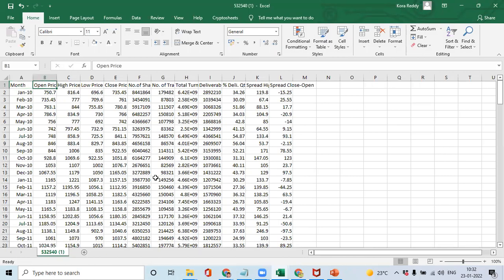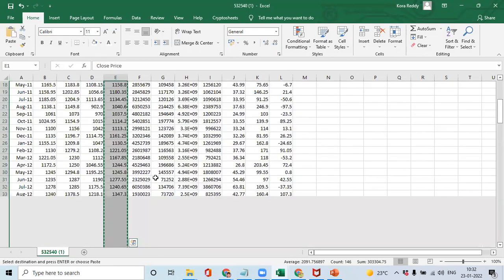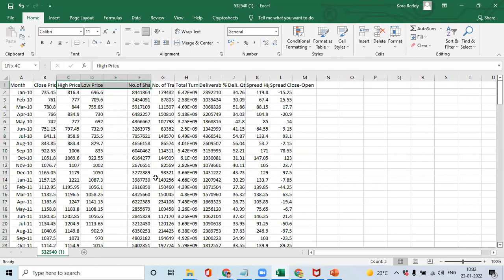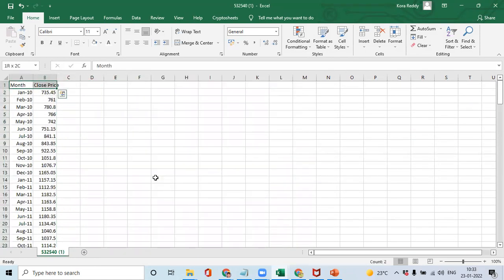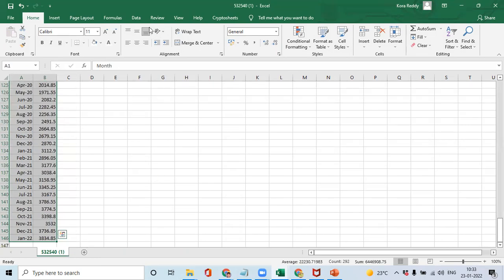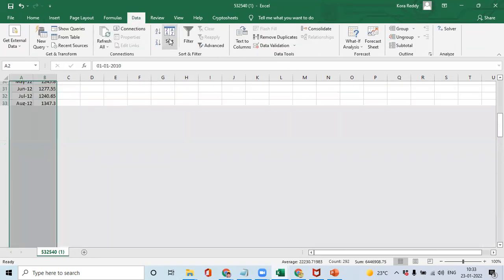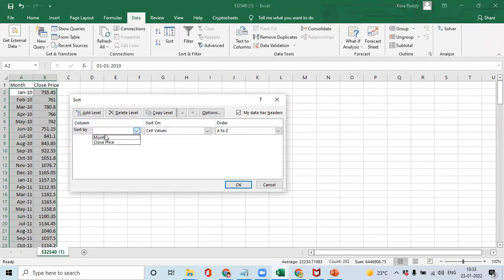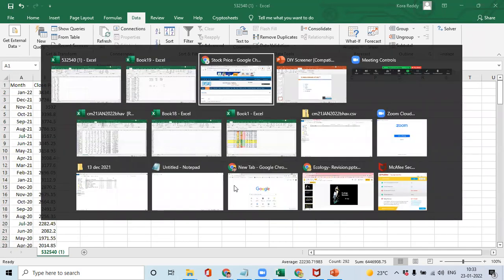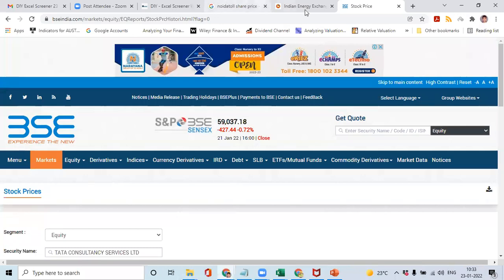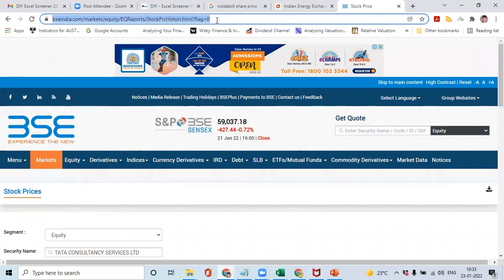We are not interested in all this open, high, low, close, volume. We are only interested in close price, right? We'll just keep that data. This is from 2010. And you have to adjust for the splits and bonus, if any.